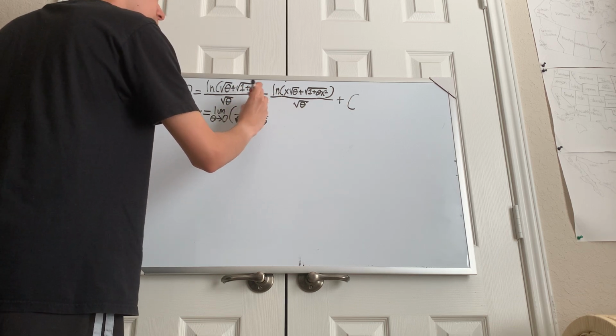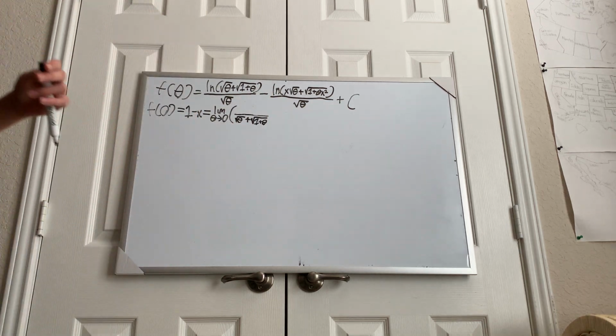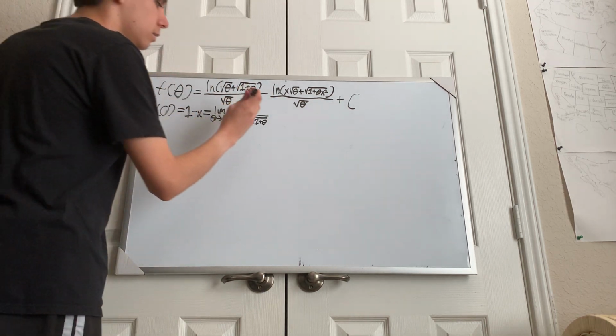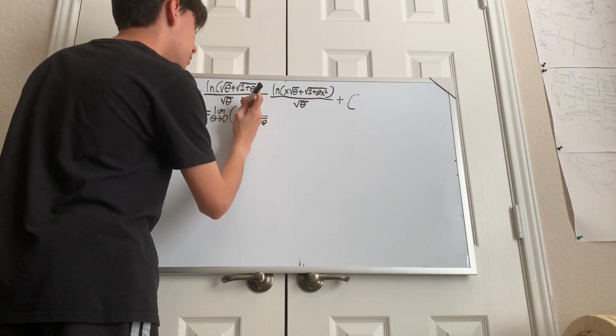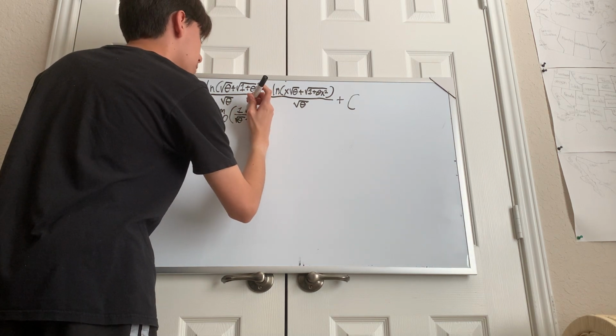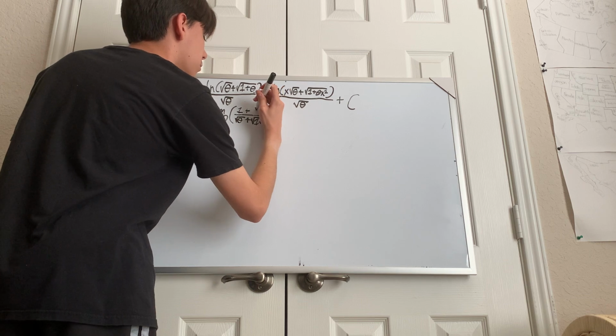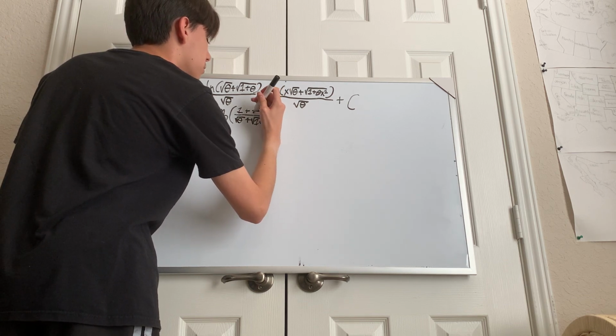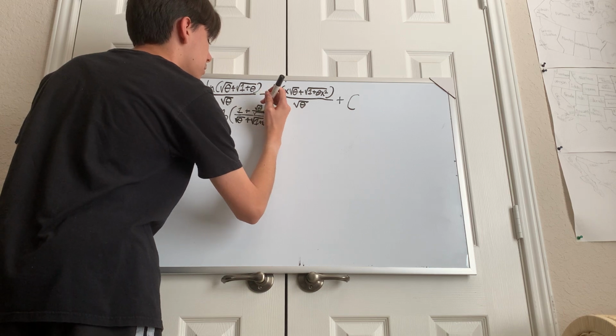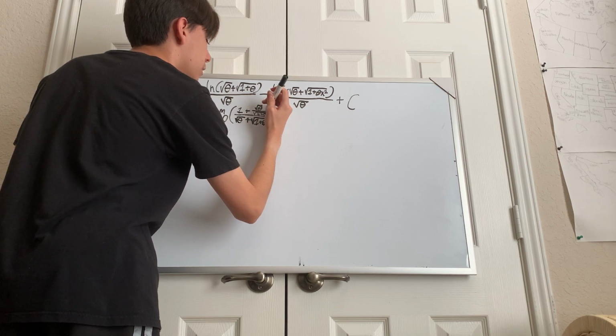So what we get when we do that is 1 plus square root theta over square root 1 plus theta.